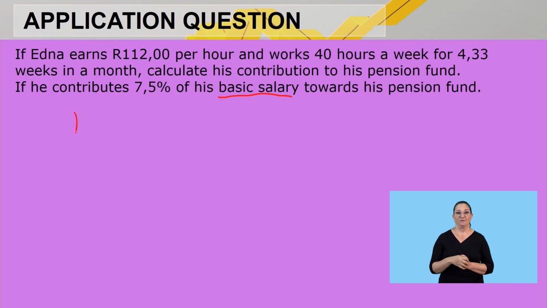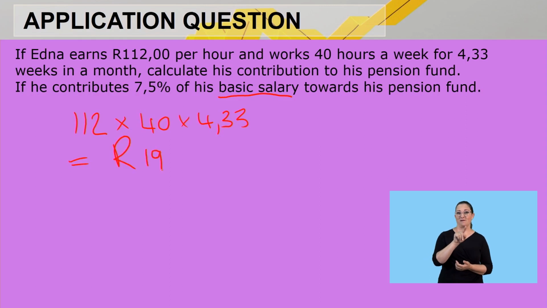So it's the rate per hour, 112 Rand, times the 40 hours that he works per week, times 4,33 weeks in a month, and that will show us that he earns 19,398 Rand and 40 cents.